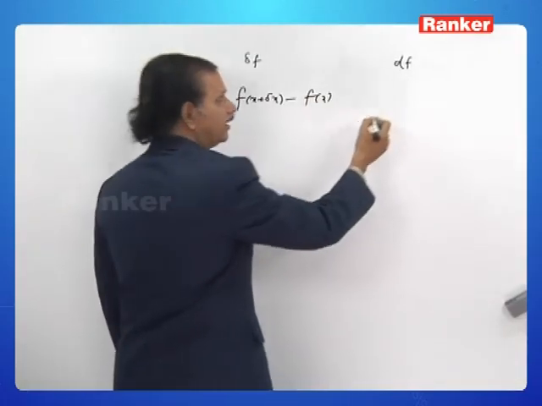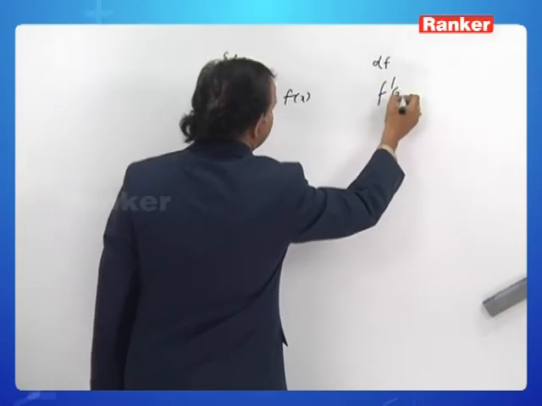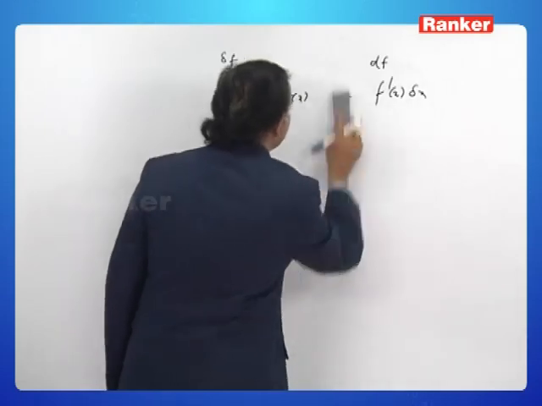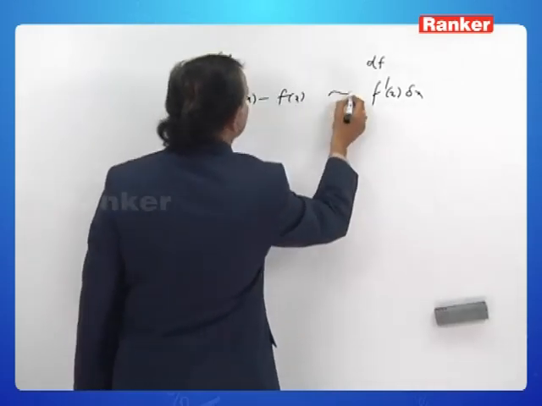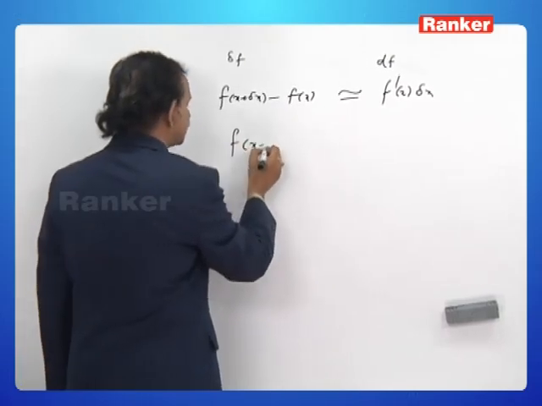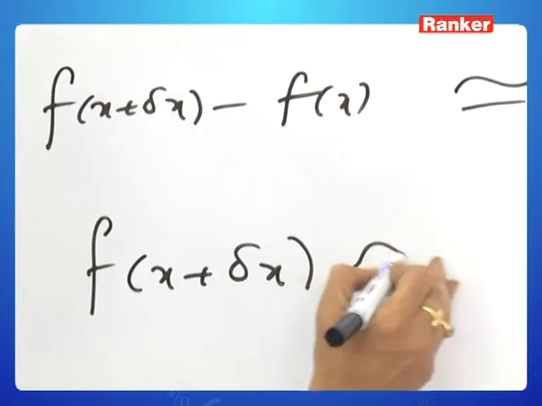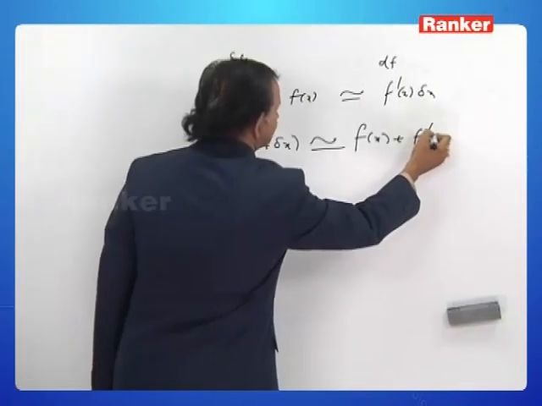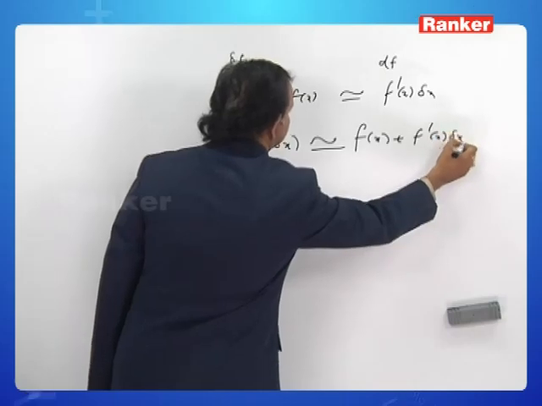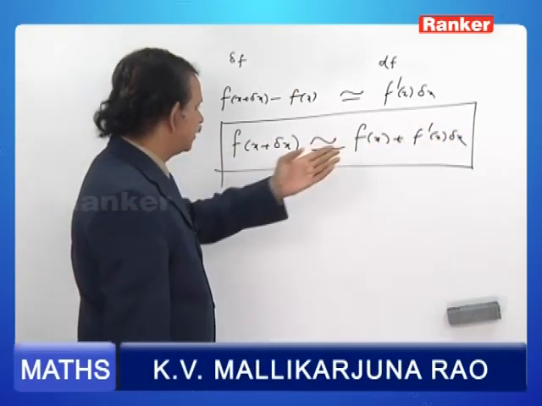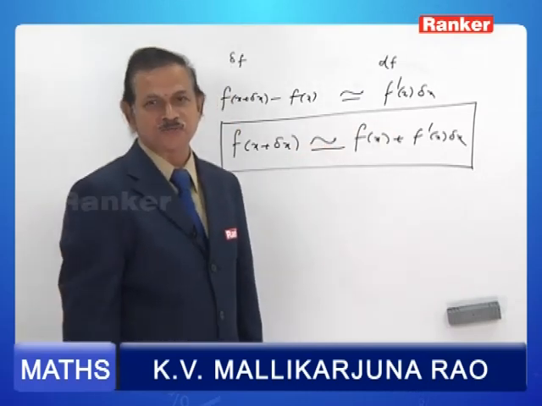What is approximate change? F dash x into delta x. These two are approximately equal. So from this we can notice f of x plus delta x is approximately equal to f of x plus f dash x into delta x.